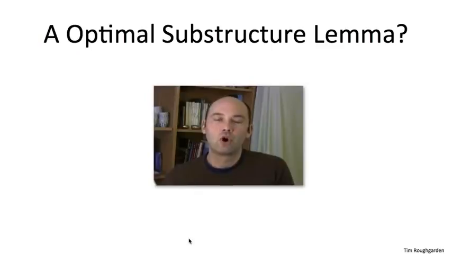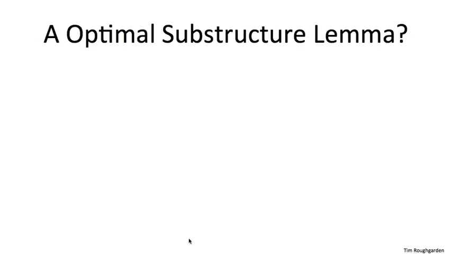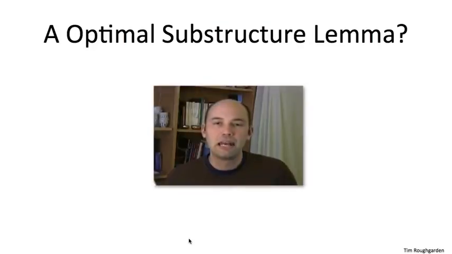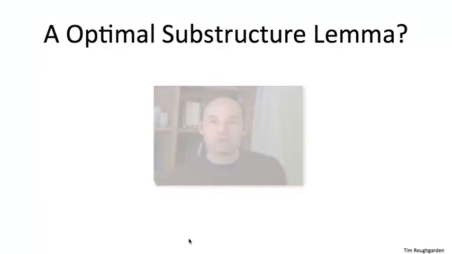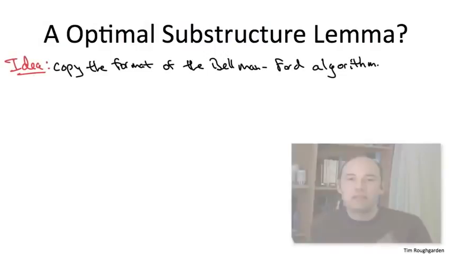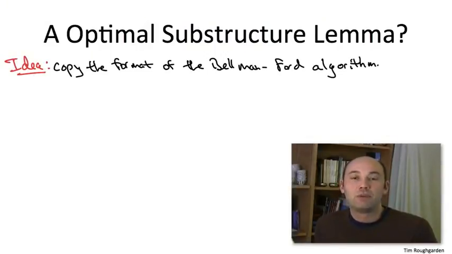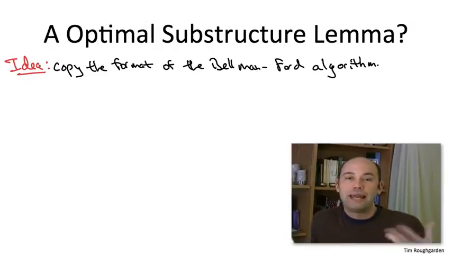We want to minimize the overall cost of this path from 1 back to itself, so that sounds a lot like wanting to minimize the length of a path from some source to some destination. And I'm sure you'll recall that our dynamic programming algorithm for the single source shortest path problem was the Bellman-Ford algorithm. So what then did the subproblems look like in the Bellman-Ford algorithm? Well, the cool idea there was to measure subproblem size using an edge budget.